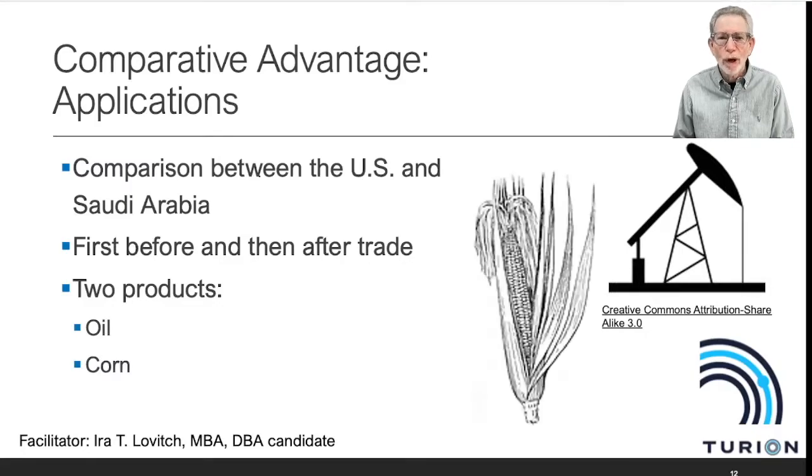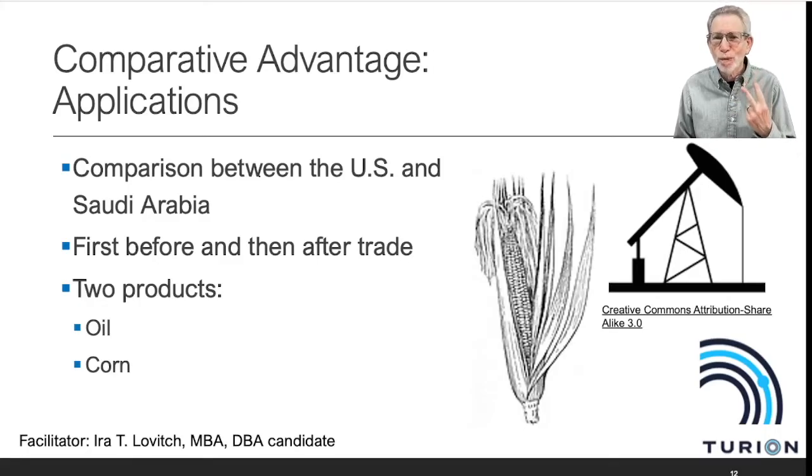We use them because they are both produced by both nations. But again, the question is, should Saudi Arabia concentrate on oil or corn, or how would they allocate their resources between the two? And the same applies to the United States.